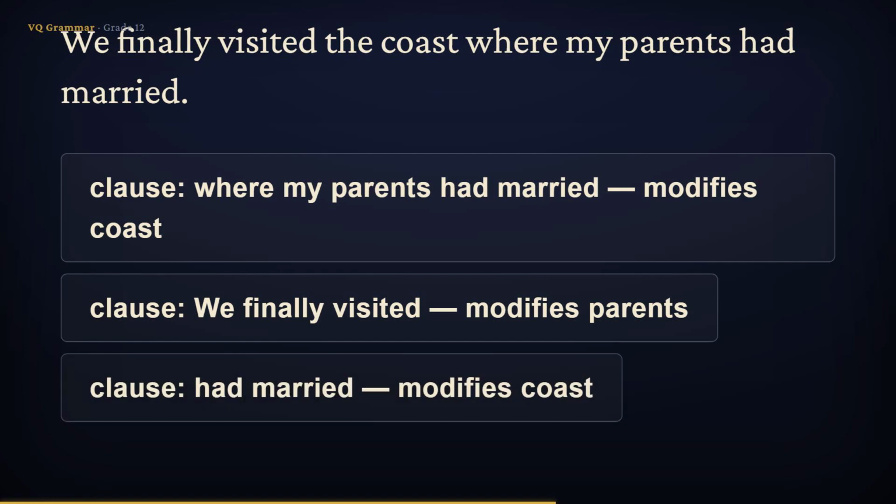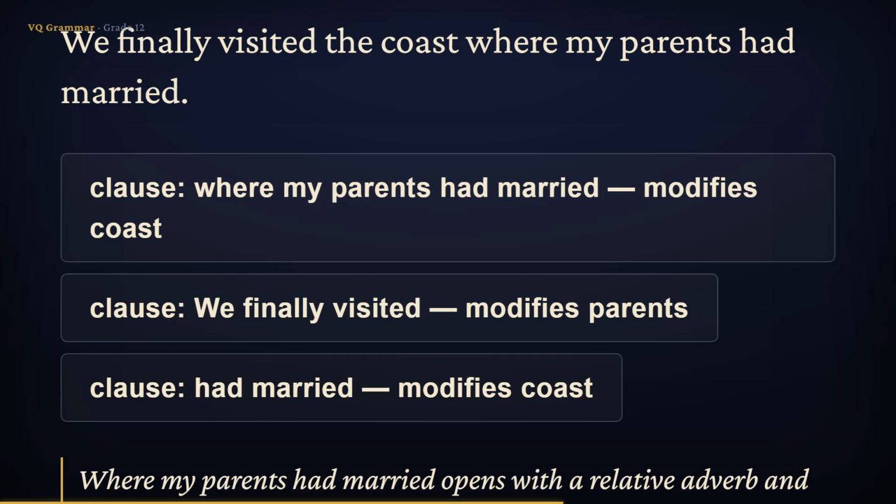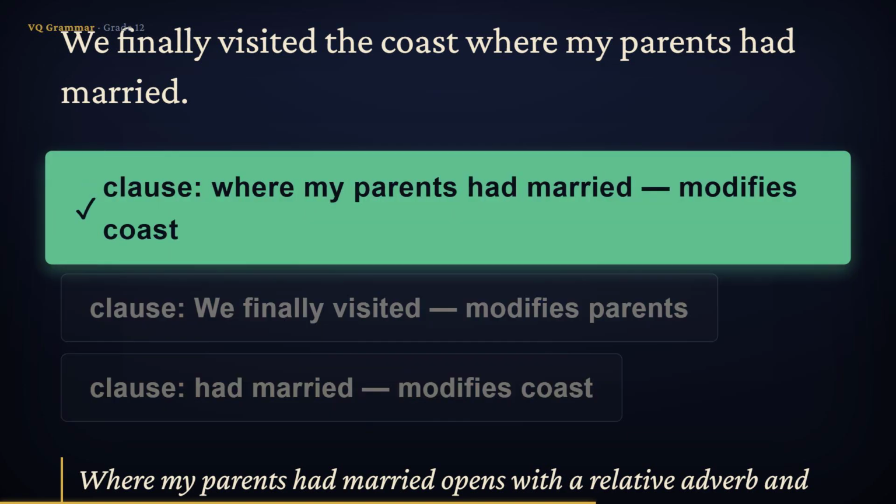We finally visited the coast where my parents had married. This one opens with the relative adverb where, so the clause is where my parents had married. What noun is it pinned to? The coast. It tells us which coast we visited. So the adjective clause is where my parents had married, and it modifies the noun coast.